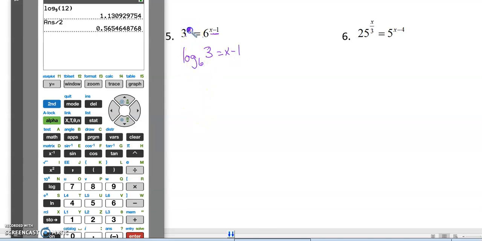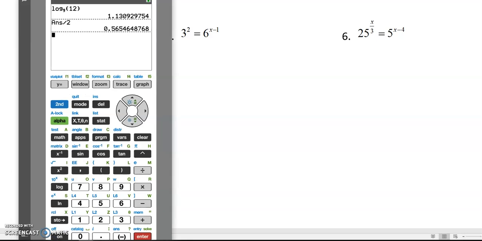Alright, so if we didn't even have anything on that 3, this is what we've got. So we're going to punch in the calculator log base 6 of 3, and then we'll get our answer here, right? And then we're going to add 1 to whatever we get to find x, okay?